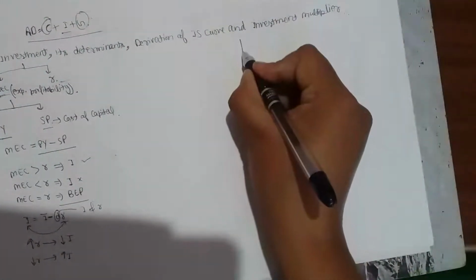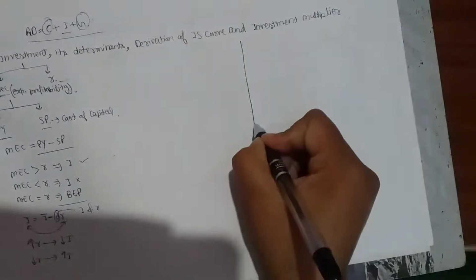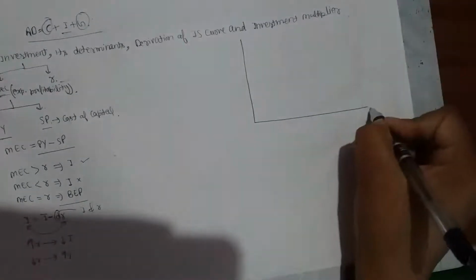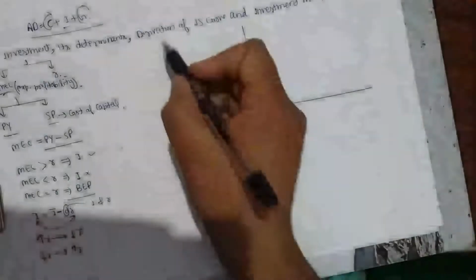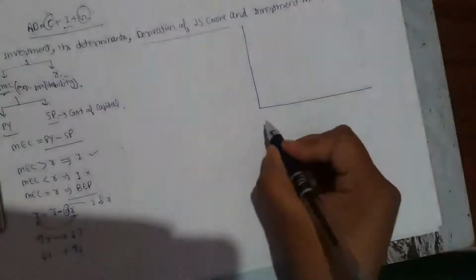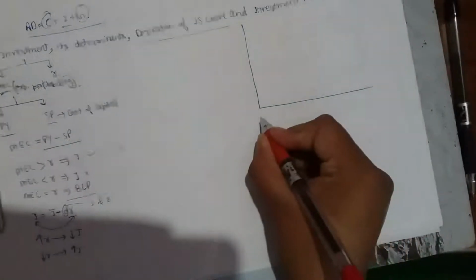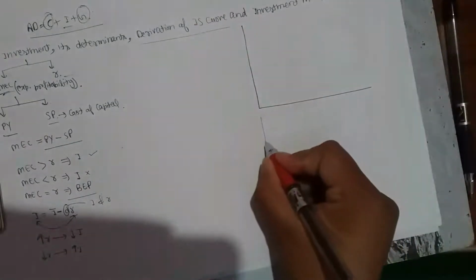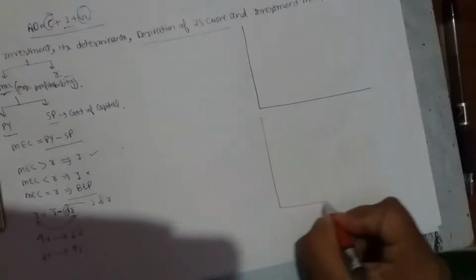Now we will do this with the help of a diagram, and we will see how to derive the IS curve, right? Draw three diagrams simultaneously.